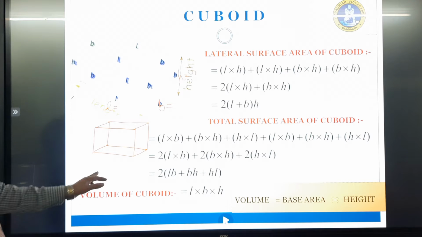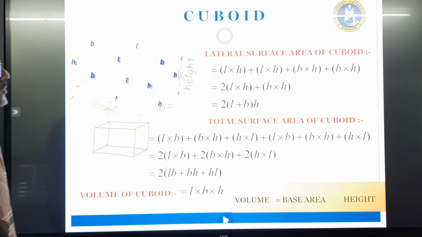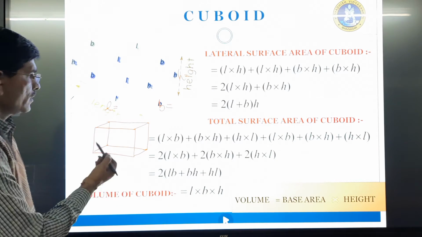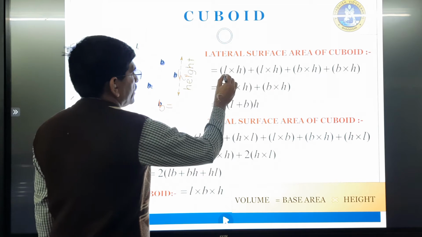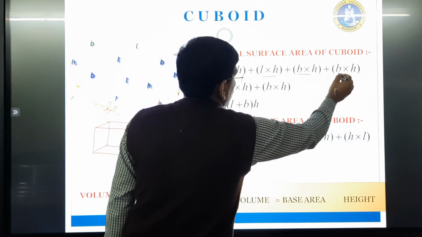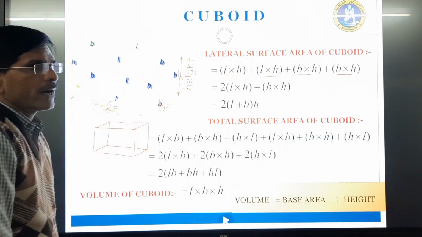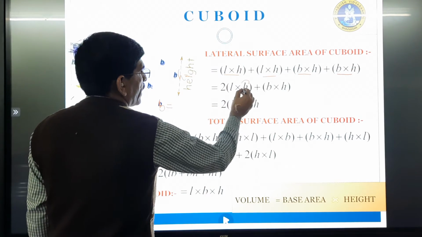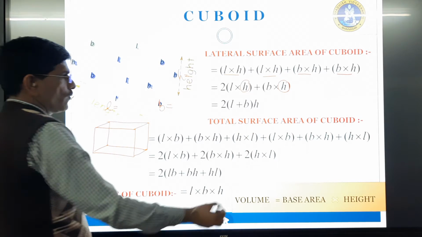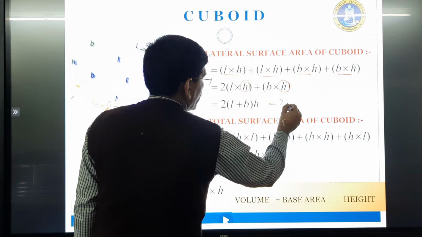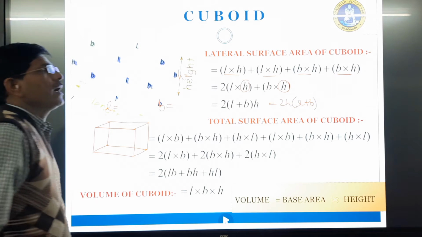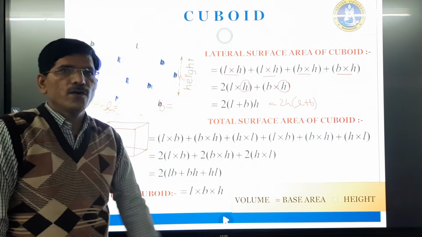Lateral surface area of a cuboid means four sides: length into height, plus breadth into height, plus length into height, plus breadth into height. H is common, so we take h outside. The formula is 2h into L plus B, the formula for lateral surface area of a cuboid.